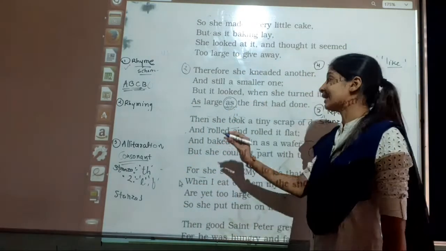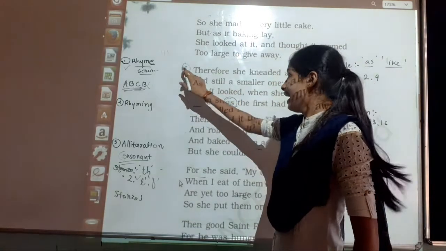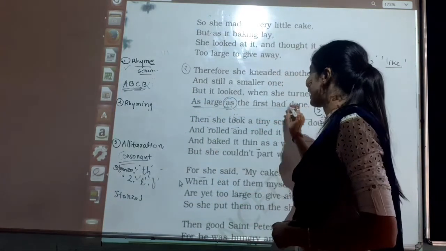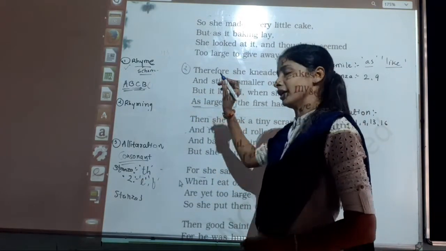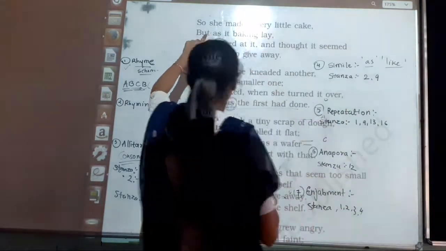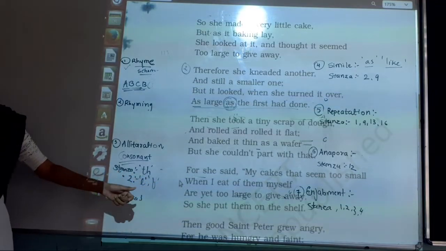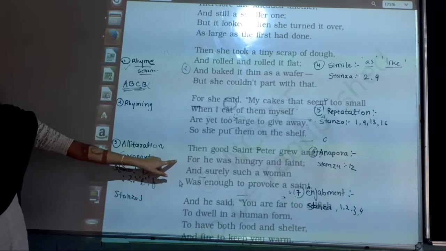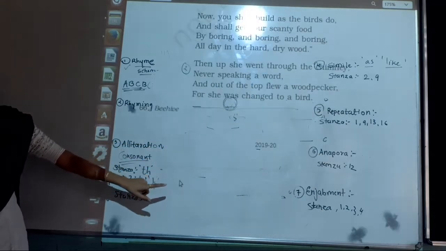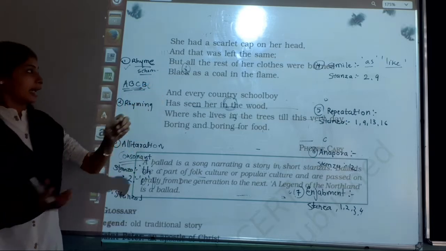So how will you write this? You will write that simile title you will make there, and stanza number 2 you will write this whole line and circle that word. Okay, so same as in stanza number 9. This is the stanza number 1, 2, 3, 4, 5, 6, 7, 8, and this is the stanza number 9.